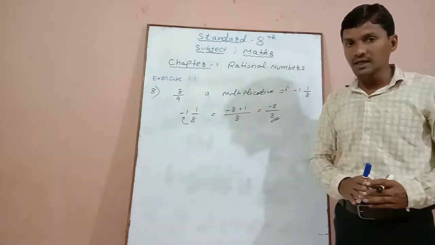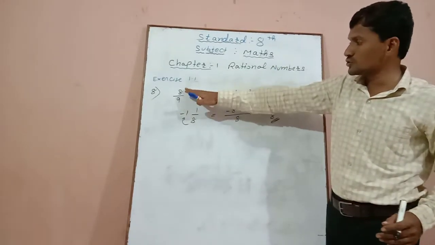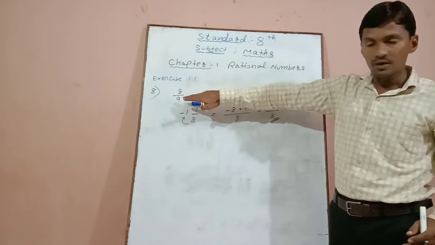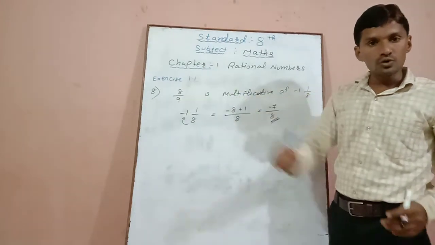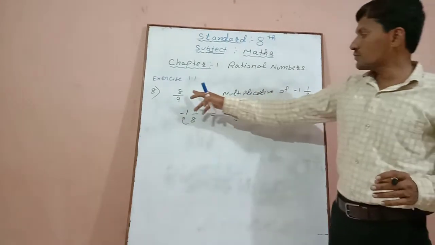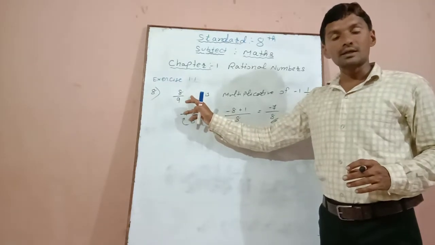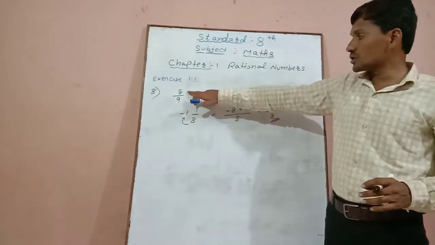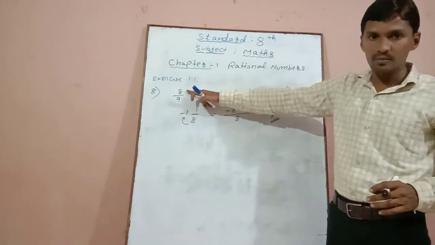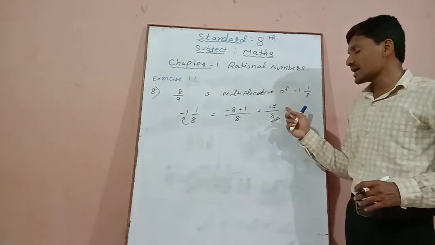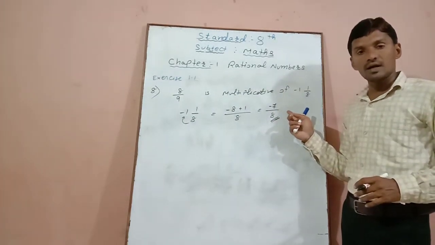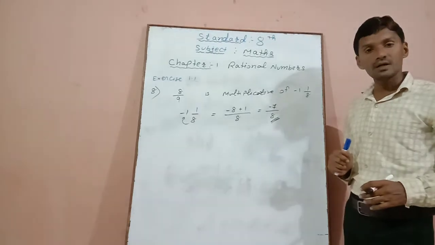Now multiplicative inverse means we have to change numerator into denominator and denominator into numerator. So if we make it a multiplicative inverse, the answer of this will be 9 divided by 8. But by solving we can see it is not 9 divided by 8, it is minus 7 divided by 8.